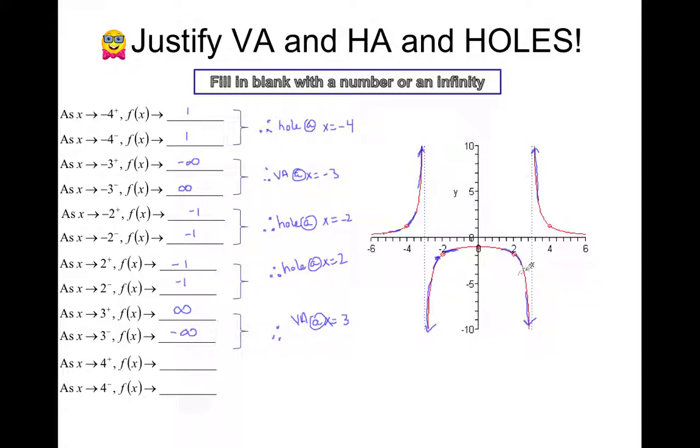Finally, at 4, for the domain, approach 4 from the right, approach 4 from the left. Therefore, you do not have a vertical asymptote. There's no swoosh. You have a hole.